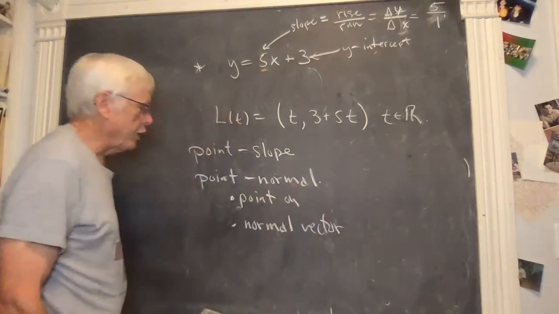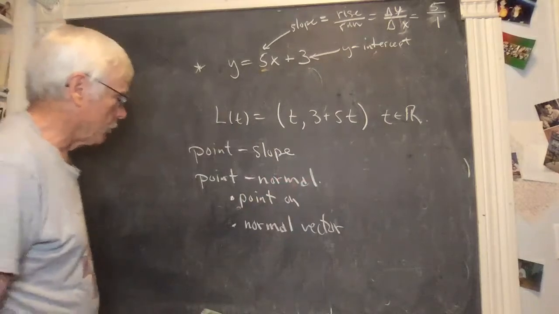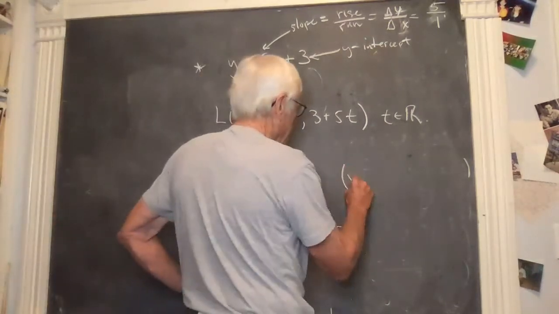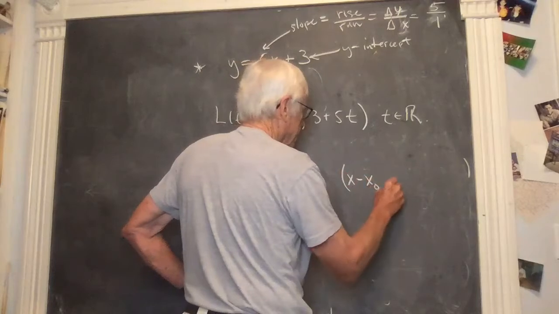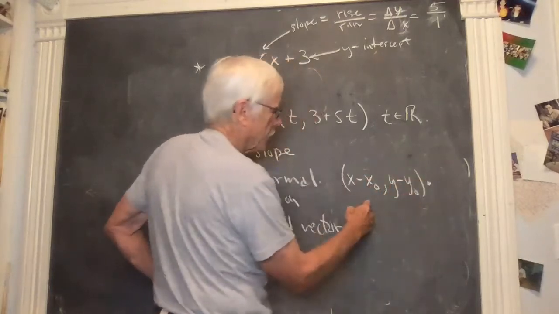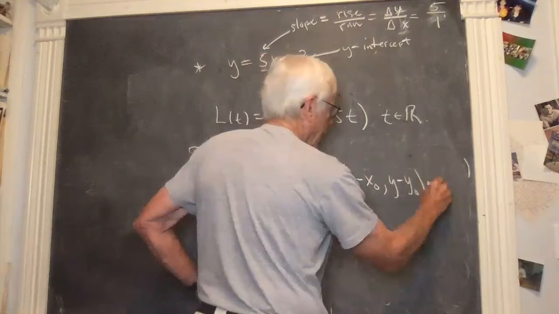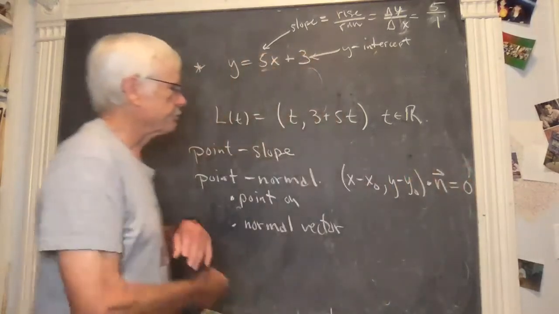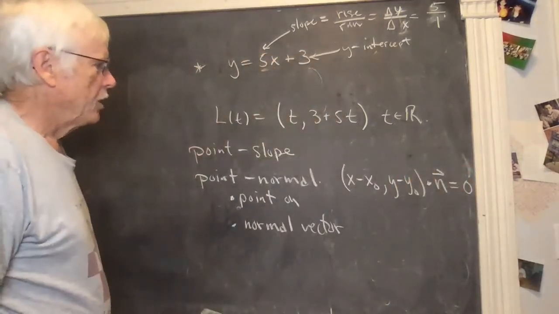So you need a point on and a normal vector. And then the equation is x minus x naught, y minus y naught, this is a vector in the direction of the line, dot n is 0. So there we go.